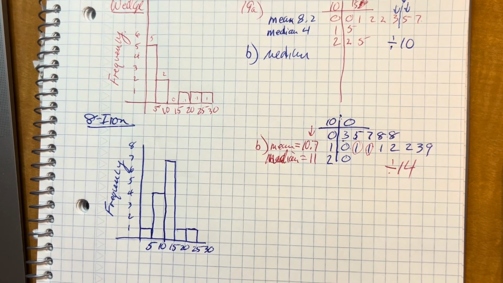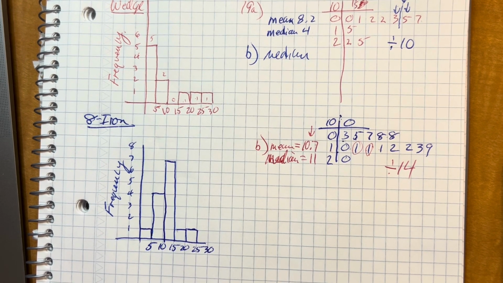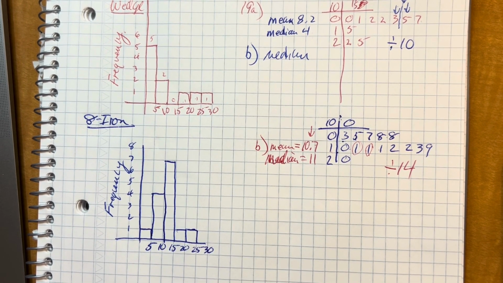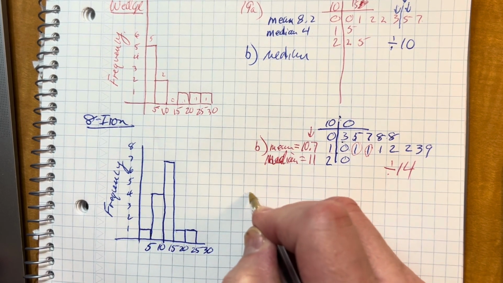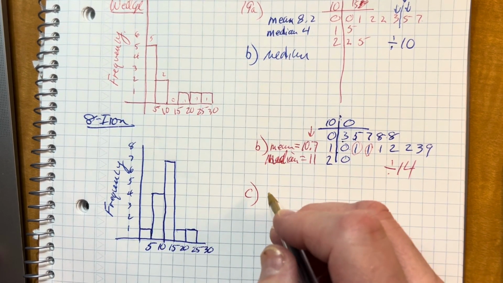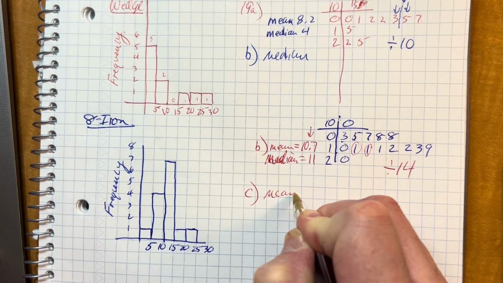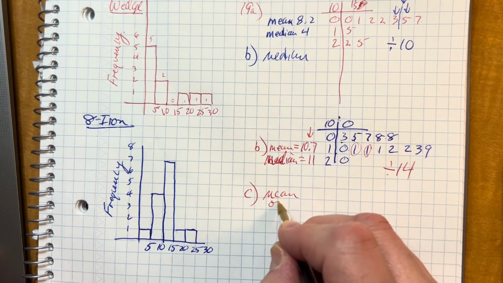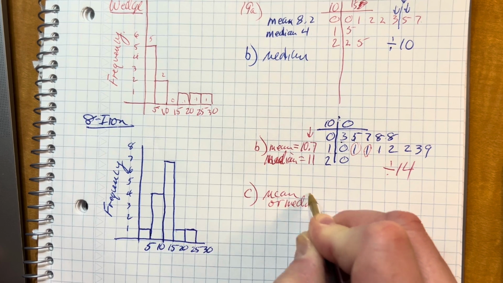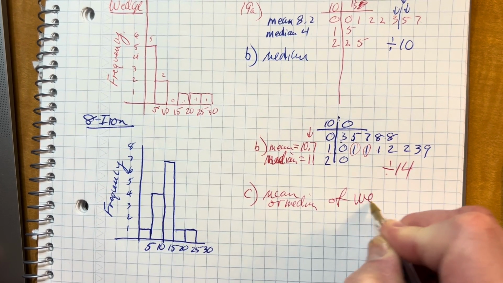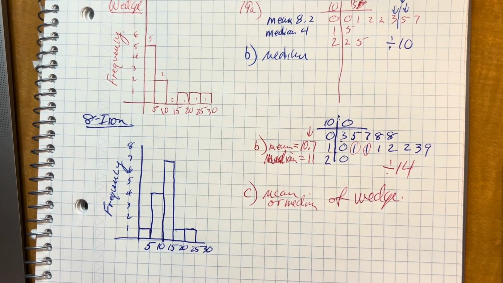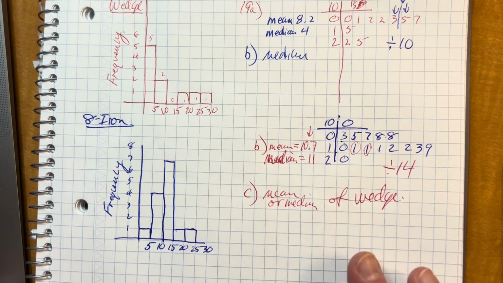So that's what you would probably say. So we've decided that letter C for all of this would be to pick the mean or median of the wedge. So that's what we would choose.